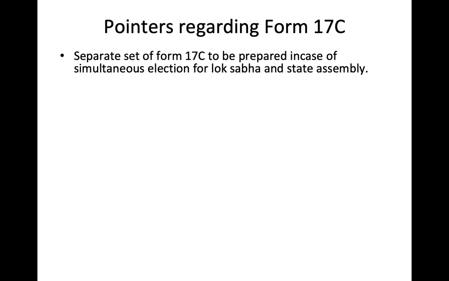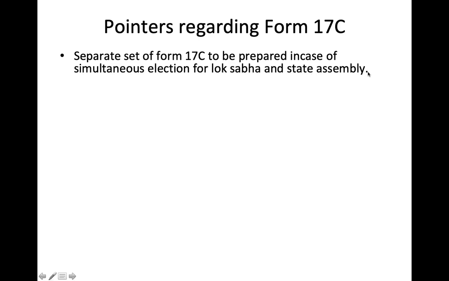So, pointers regarding Form 17C. A separate set of Form 17C is to be prepared in case of simultaneous election. So there will be two sets of original 17C form, one for Lok Sabha and another for State Assembly.